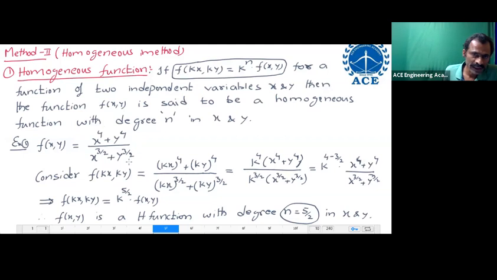Let us go to the next example, example number 2. In that example, let us consider a transcendental function. Don't take screenshots. I will share this PDF file. So we go to the next page.